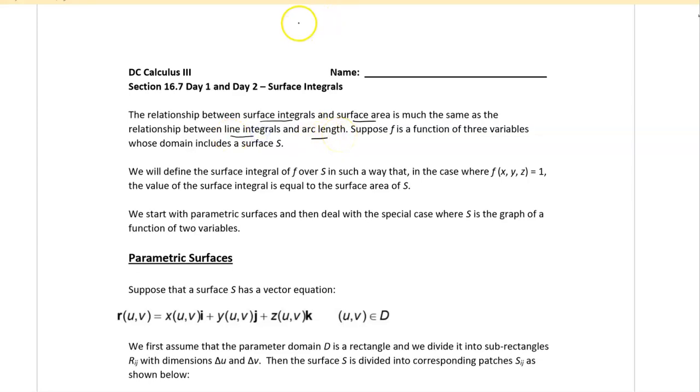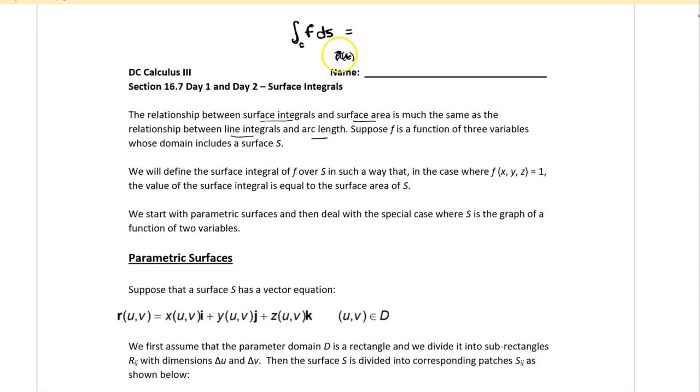If you recall from previous sections, we have our line integrals of some scalar function f with respect to arc length along some curve. How we actually evaluated them is that we parameterized our curve.